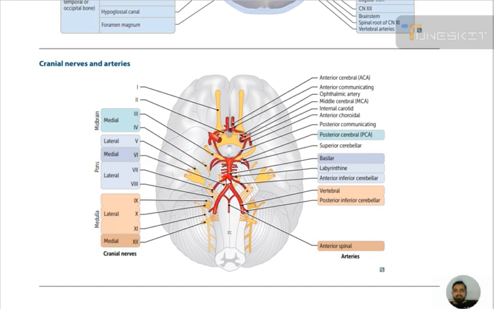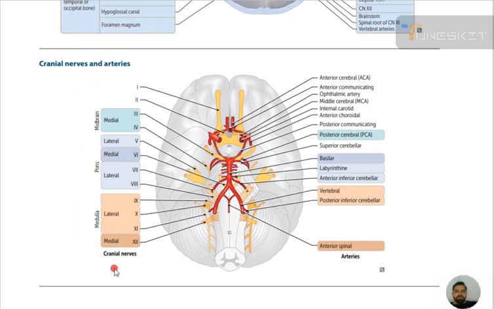Pons: cranial nerve 6 from the medial side, and cranial nerve 7 and cranial nerve 8 from the lateral side. Medulla: from the lateral side we have cranial nerves 9, 10, 11, and from the medial side we have the single cranial nerve, the 12th.